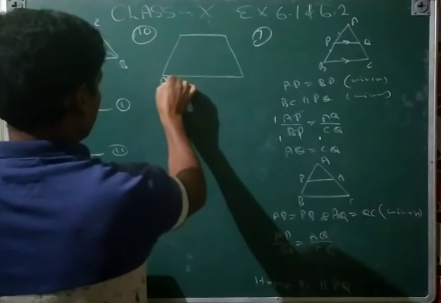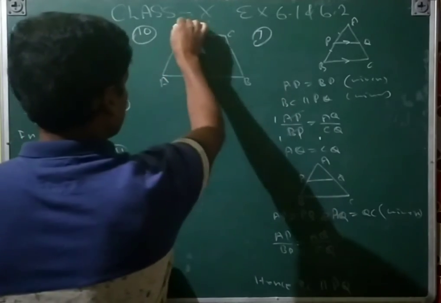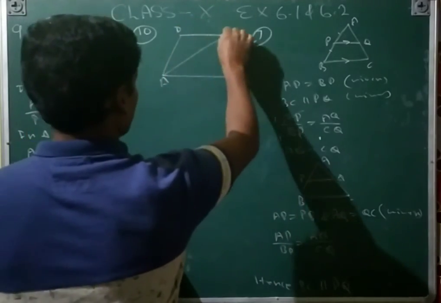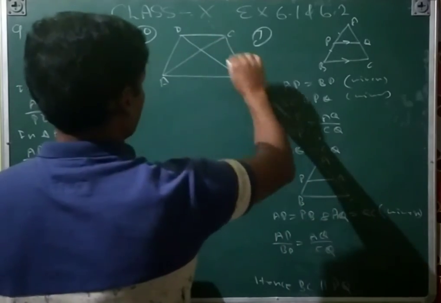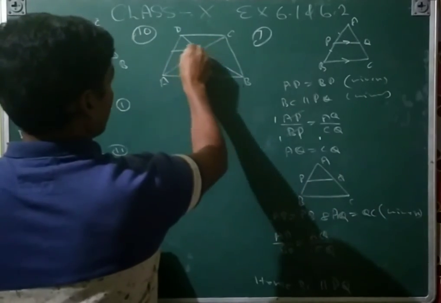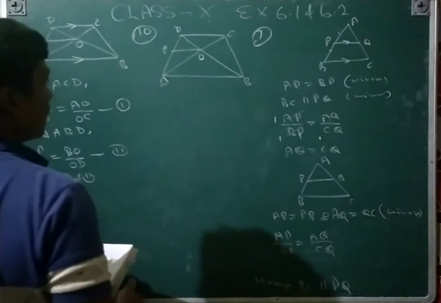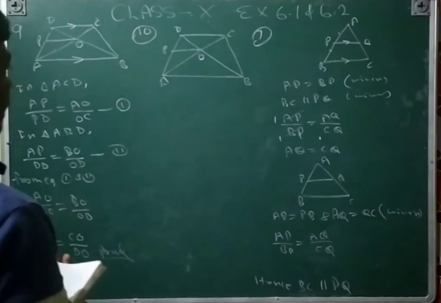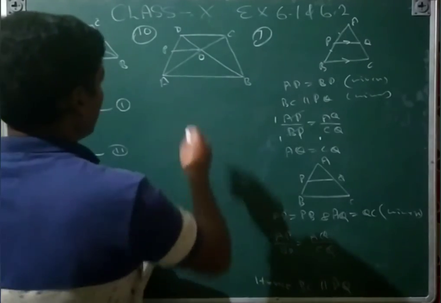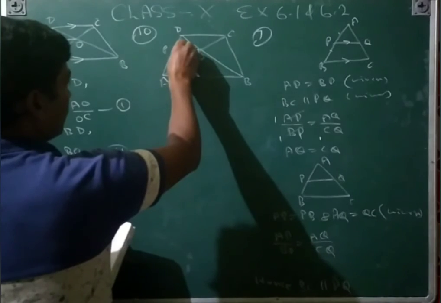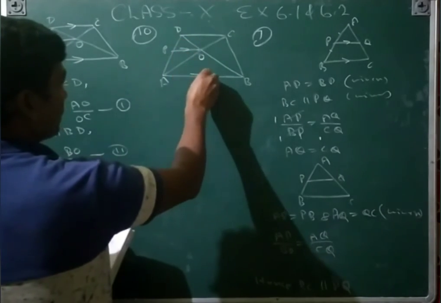Same diagram, A, B, C, D, O. We will write here P like this. All this is parallel to this line, which we have constructed.